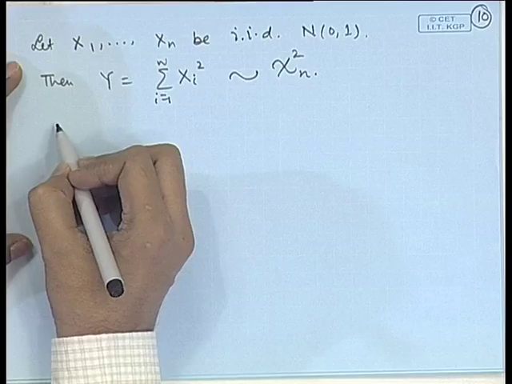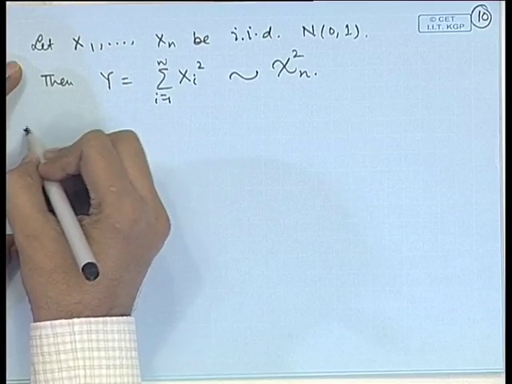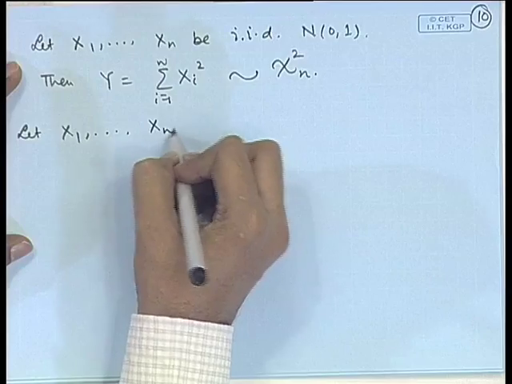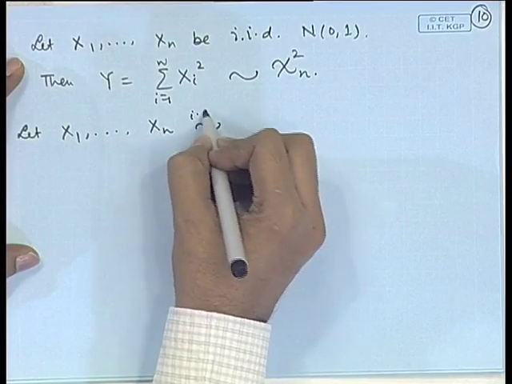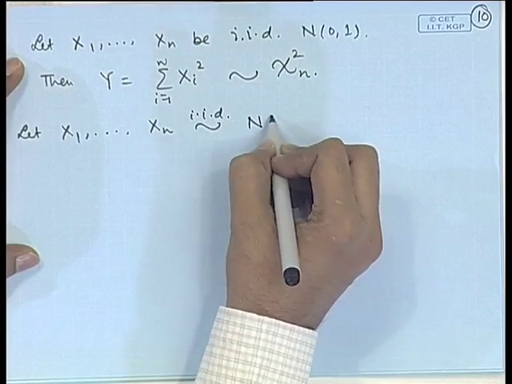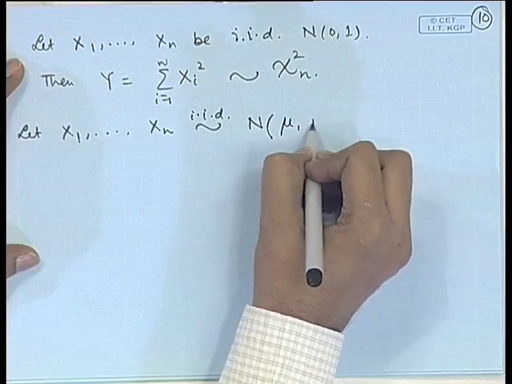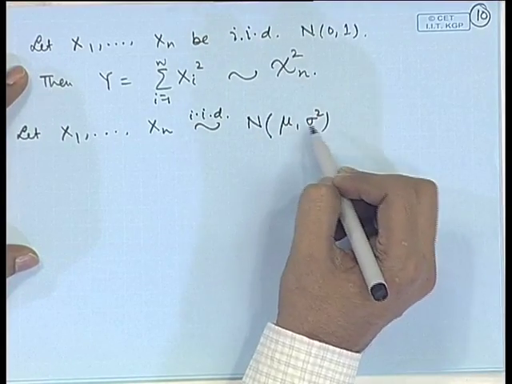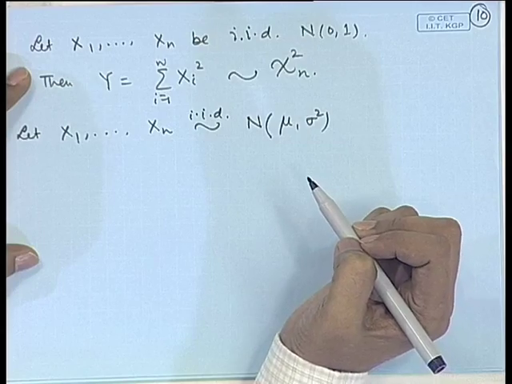So, now let us consider X1, X2, ..., Xn a random sample from say normal mu, sigma square. So, in place of normal 0, 1, now let us consider normal mu, sigma square.